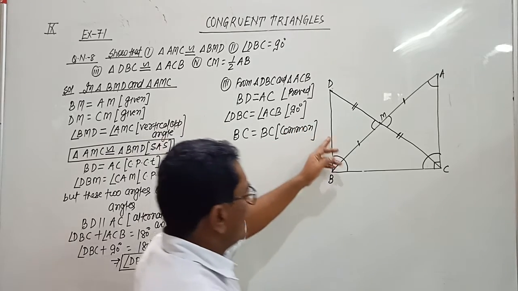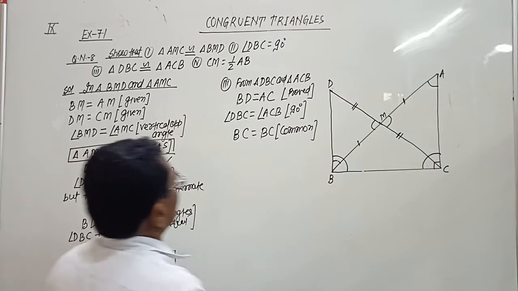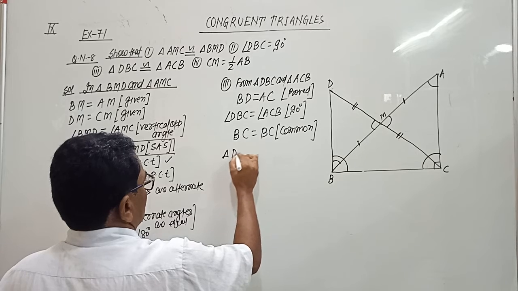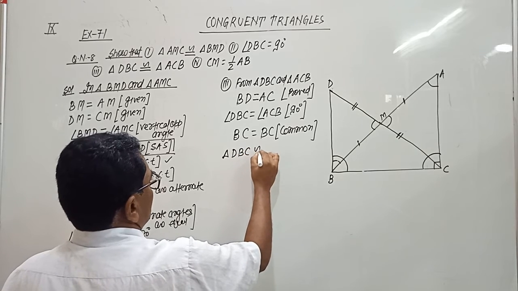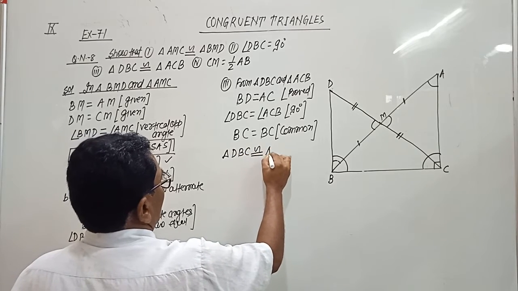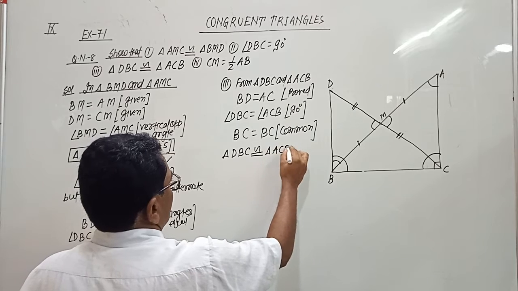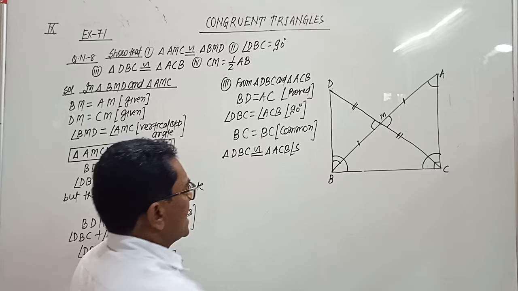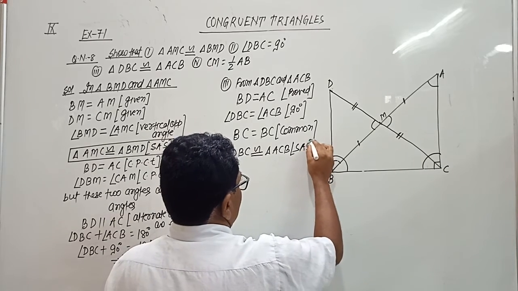Therefore, by side angle side, these two triangles will also be congruent. So triangle DBC is congruent to triangle ACB by side angle side, SAS.